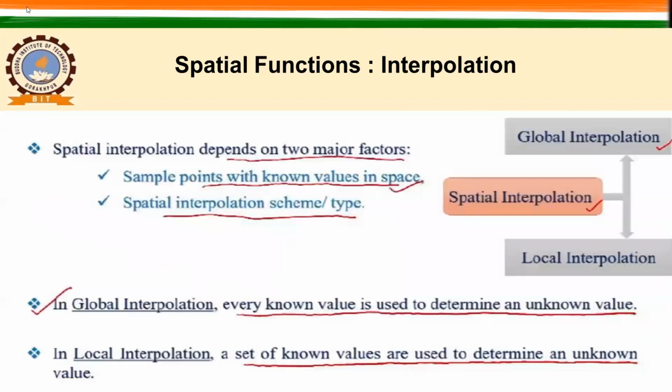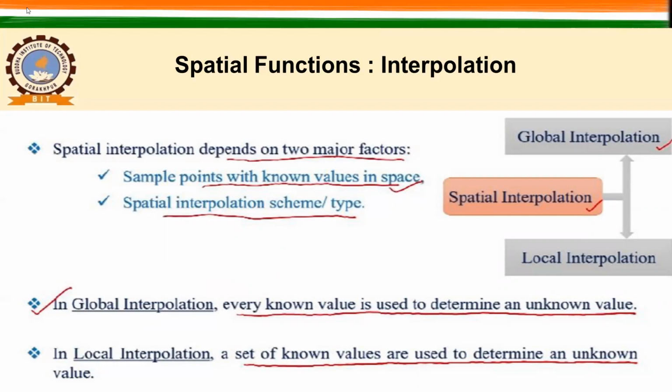Spatial interpolation depends on two major factors. The first is that you need to have known points. Without that, you cannot perform interpolation. So you need sample points with known values in space, and a spatial interpolation scheme or type. What scheme or type are you going to follow while performing this spatial interpolation?